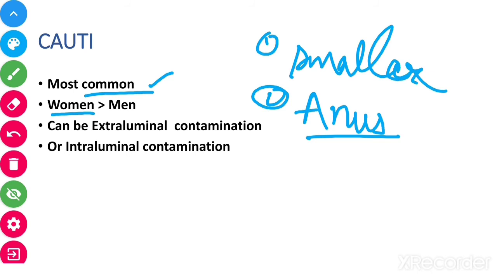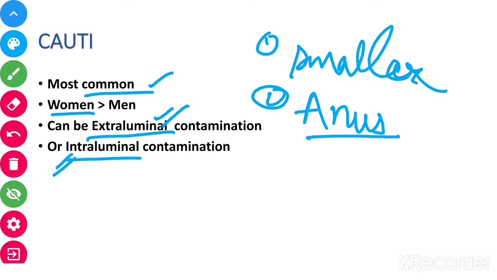Now the source of infection or the contamination can be extraluminal or intraluminal. Extraluminal means the microorganisms ascend from the perineum and periurethral areas along the surface of the catheter.